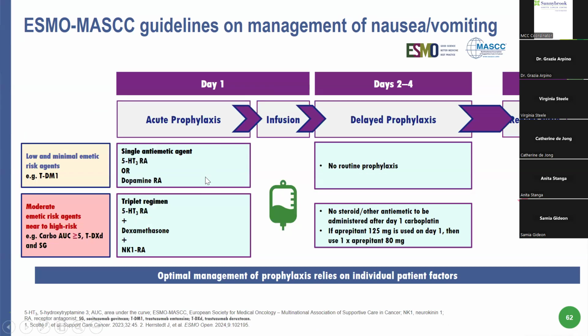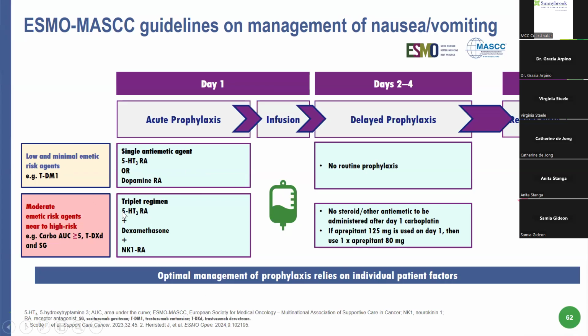And this is what the ESMO guidelines suggest for low and minimal emetic agents: basically just a 5-HT3 receptor antagonist or dopamine receptor antagonist. And this is what is advised in the moderate emetogenic risk, especially in patients getting carboplatin AUC 5 or more, which are equated to patients getting sacituzumab or trastuzumab deruxtecan.